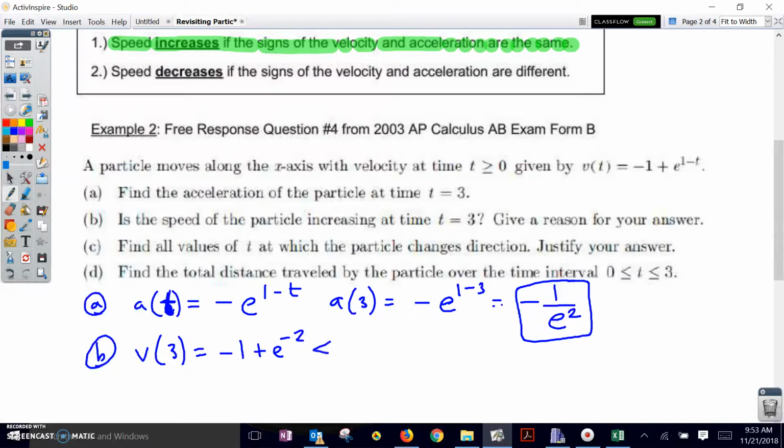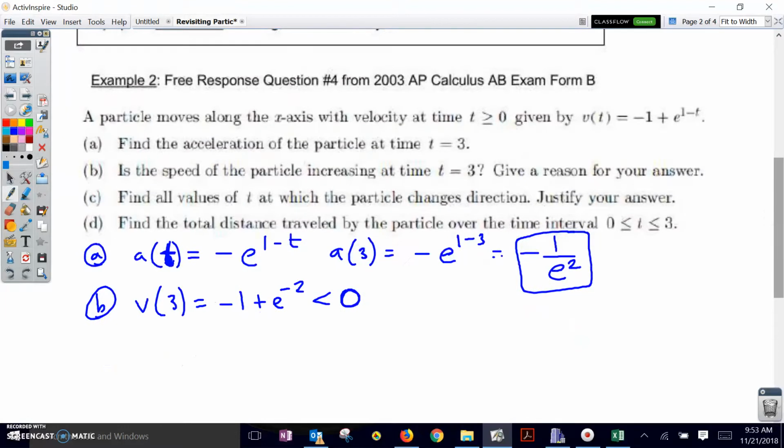And that is less than 0, because 1 over e squared is less than 1. So since the velocity is negative, we now have a negative acceleration and a negative velocity. So the speed is increasing because both velocity and acceleration are negative.